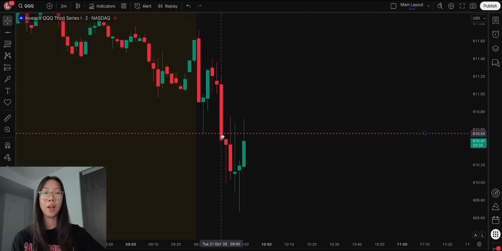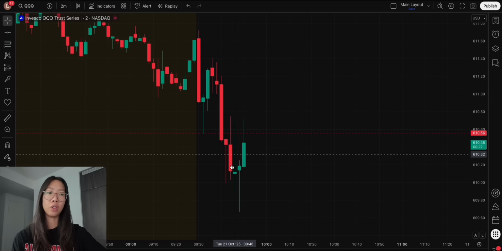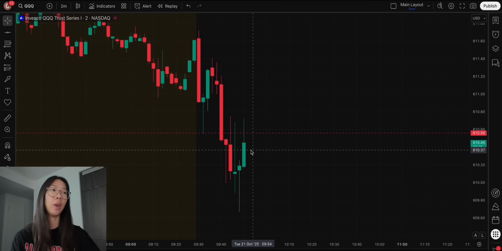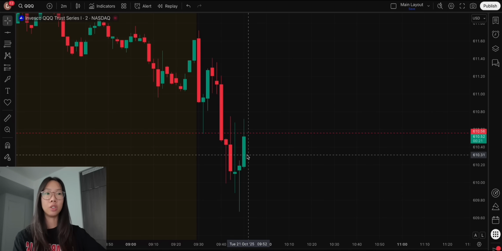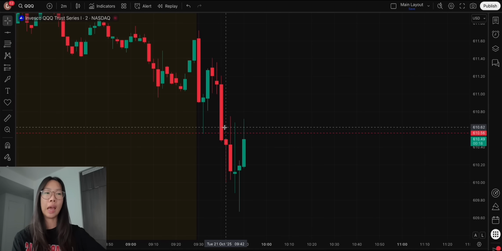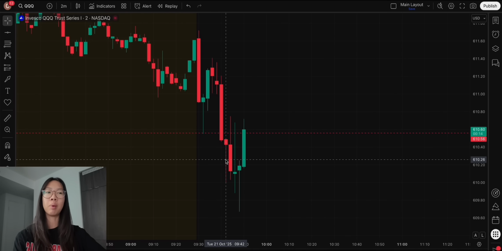This is why I don't take breakout trades, especially if you're looking for longer moves. You enter on a breakout, so you enter here, and then it goes so weak, you could get big time decay by the time you exit at break even or something, or even exit here. Based on the decay, you could still be red, or it just doesn't have a strong push. There's not a really high probability by entering breakout trades.